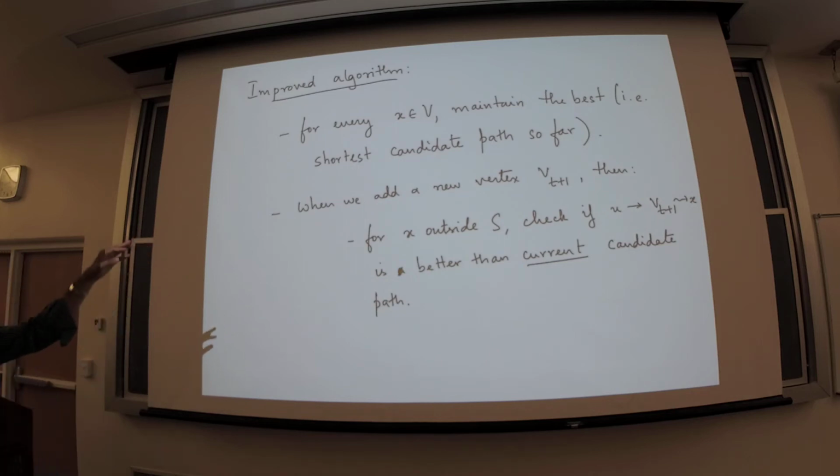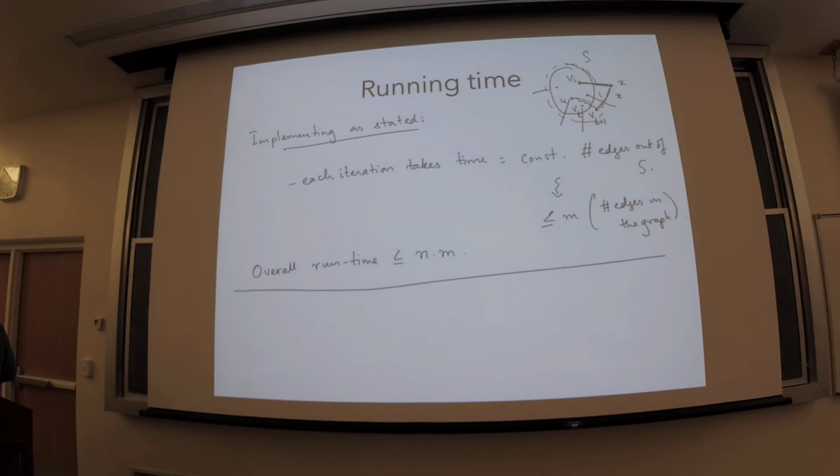So you have a current candidate path from u to x, which in this picture was something like you go from u somehow to vi and then to x. Now when you add vt plus 1, then there was another path, at least if vt plus 1 to x was an edge. Otherwise you don't consider that one. So I'm considering the case when vt plus 1 to x is also an edge.